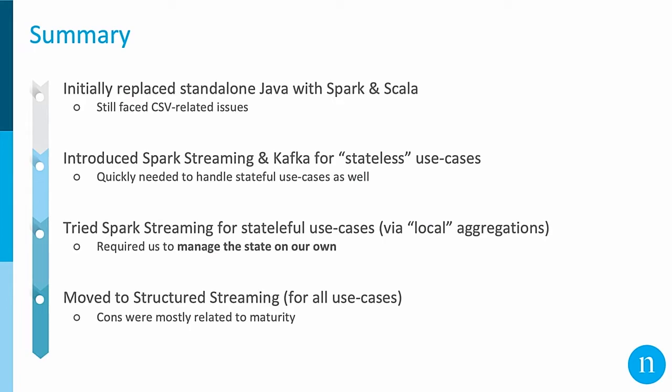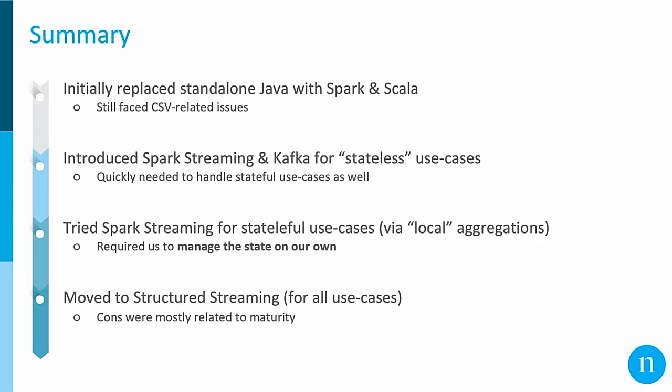After that, we introduced Spark Streaming and Kafka for stateless use cases. So now we could enforce schema on the producer of the messages, but quickly we needed to handle stateful use cases as well. We tried to do some kind of local aggregations for Spark Streaming stateful use cases, but that required us to manage the state on our own, which was really not ideal.